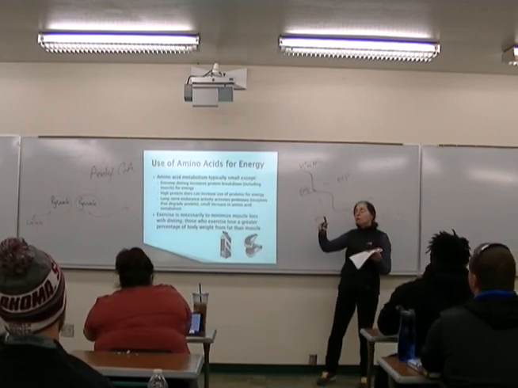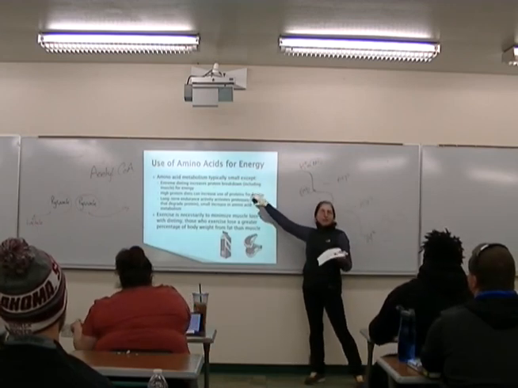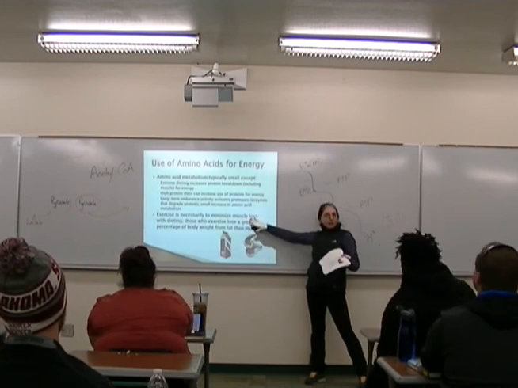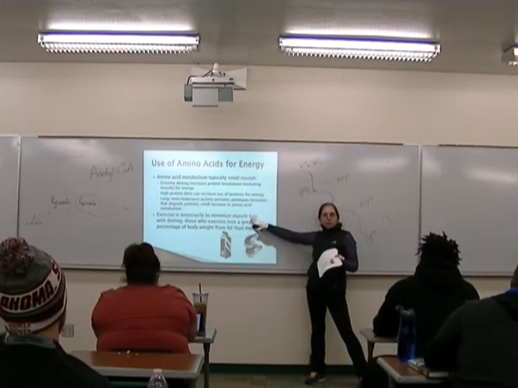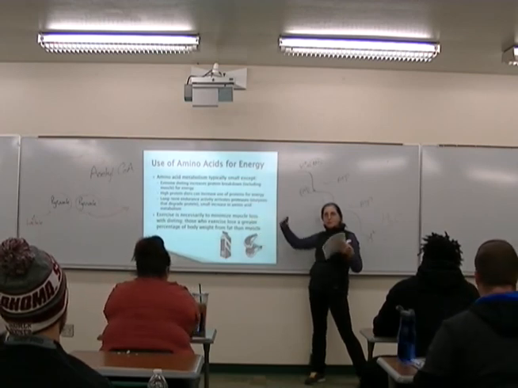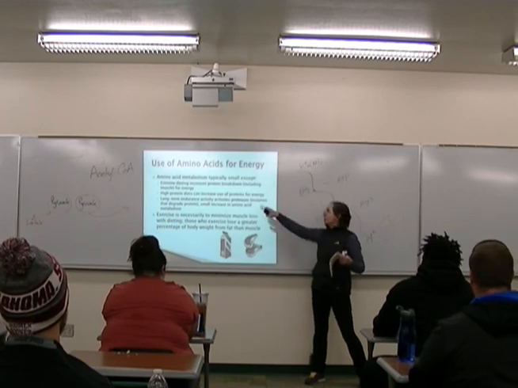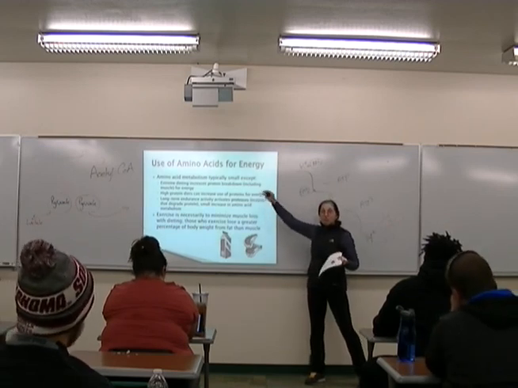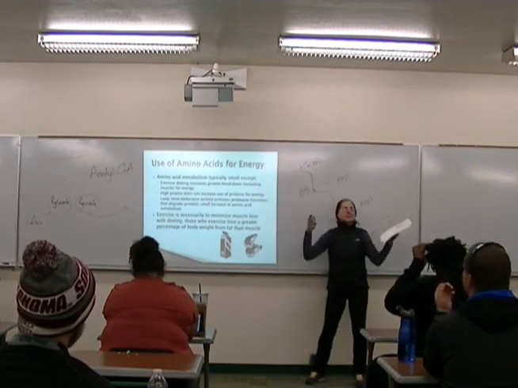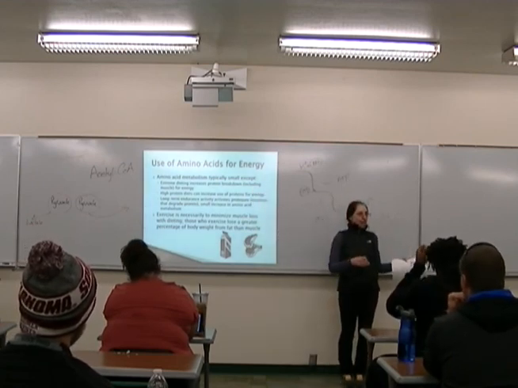So what we know is when we're dieting, it's really important that we add in exercise to minimize muscle loss. Because if I'm not feeding the body enough calories, it will cheat and use some muscle. So I don't want it to do that because I want to keep my muscle and just lose fat.